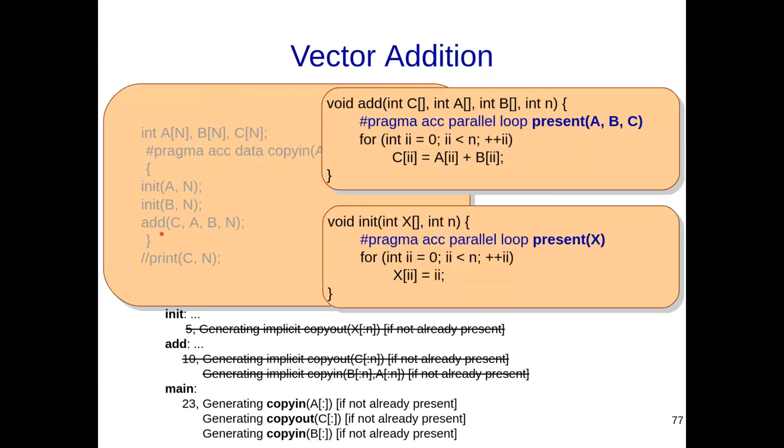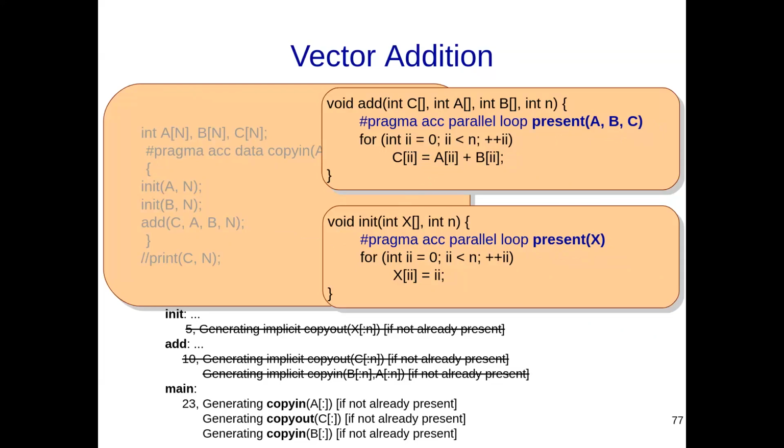So I don't really need to even generate code to check if it is present or not. This can be specified by the present clause. What it suggests is that this particular variable, this particular vector in this case, is already present on the GPU. You don't need to worry about copying it in. In a similar manner, the same thing happens for the A, B, C variables when I reach the add function.